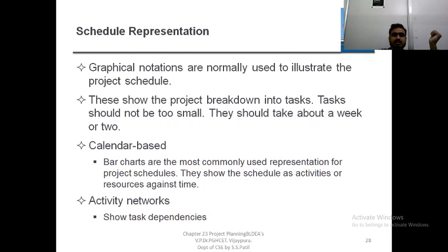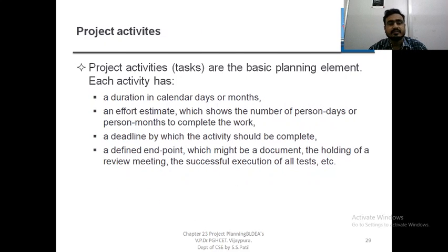Next, schedule representation. For representing the schedule you have to use graphical notations, such as bar charts, pie charts, etc. This shows the project breakdown into tasks. The tasks should not be too small; they should take one or two weeks, as in calendar based activity networks. Project activities are the basic planning elements.